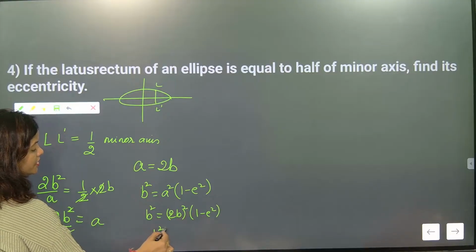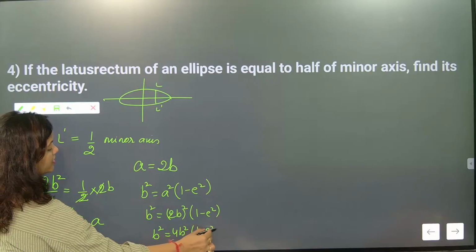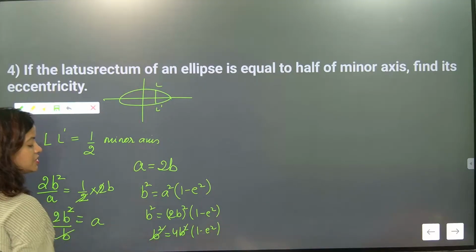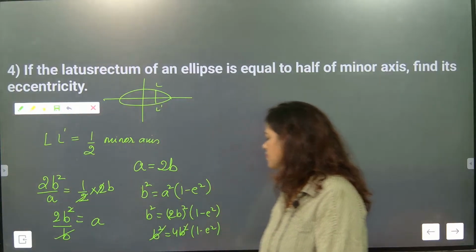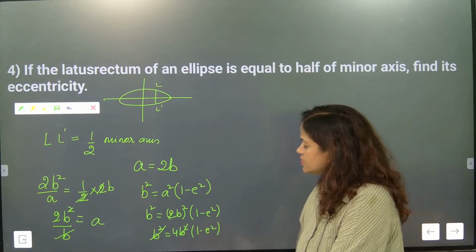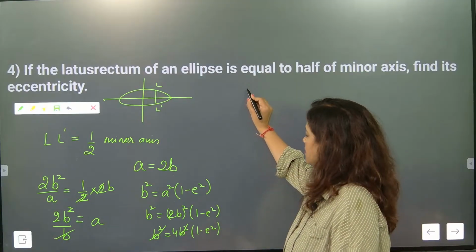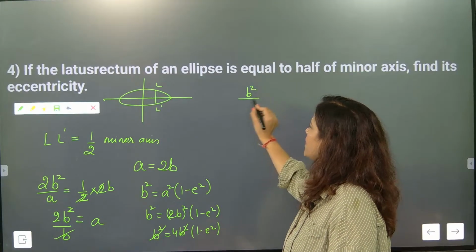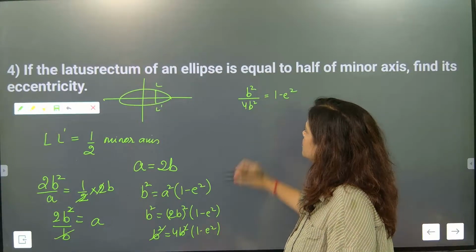So it becomes b square is equal to 4b square into 1 minus e square. So b square got cancelled. Shifting this also, 1 by 4 is equal to 1 minus e square. Like this also you can write.